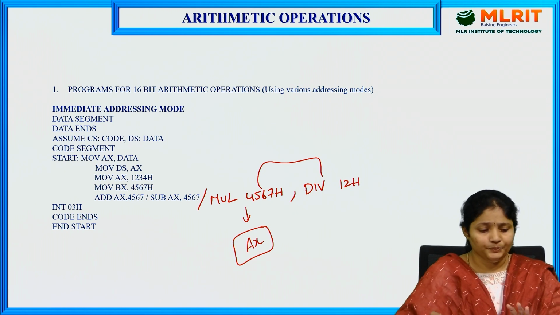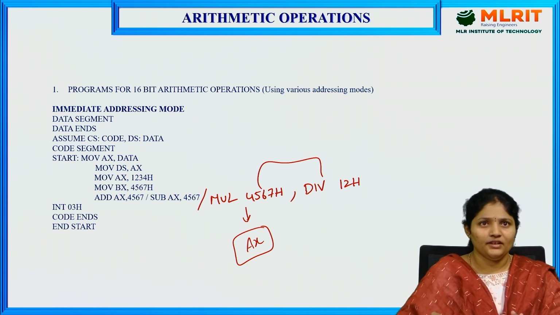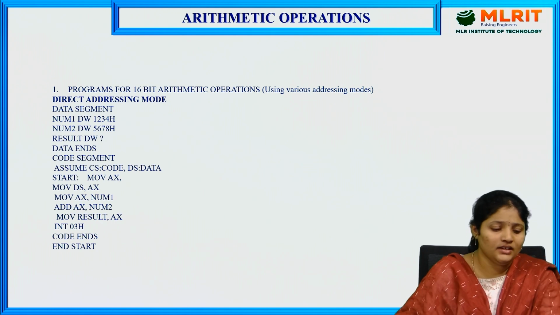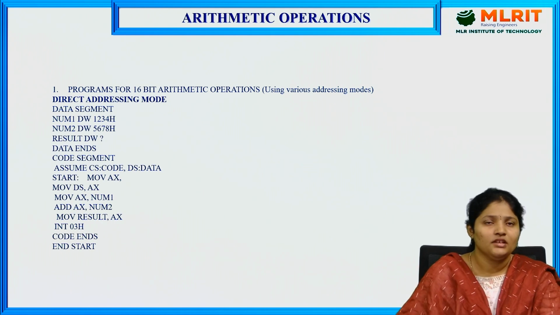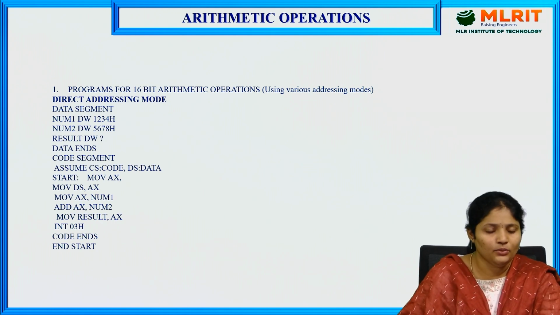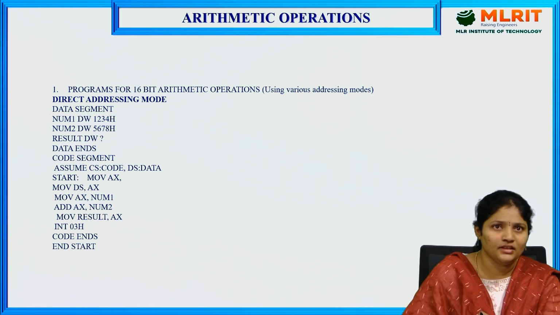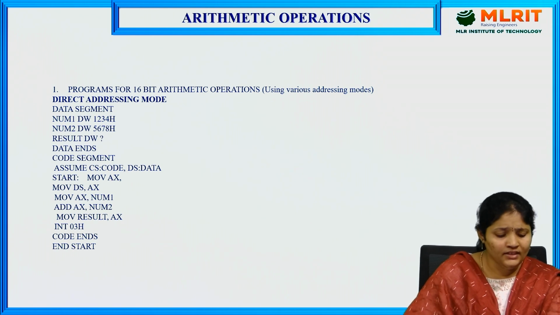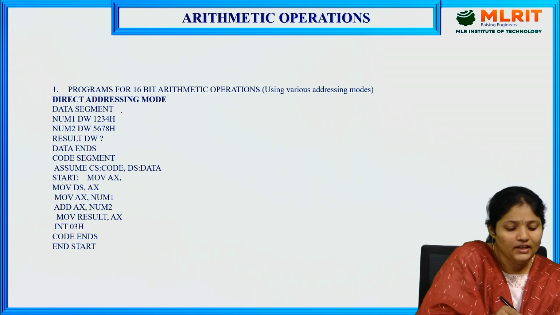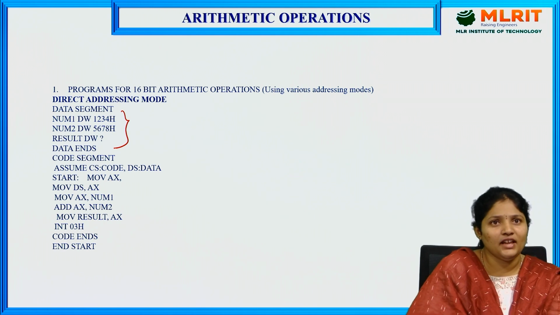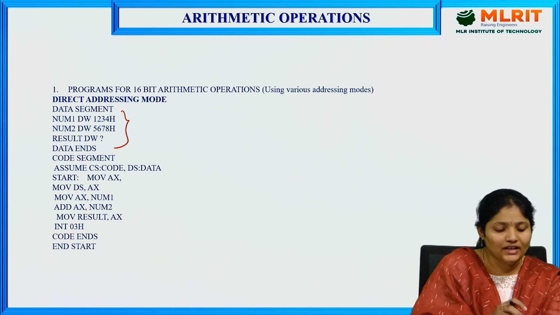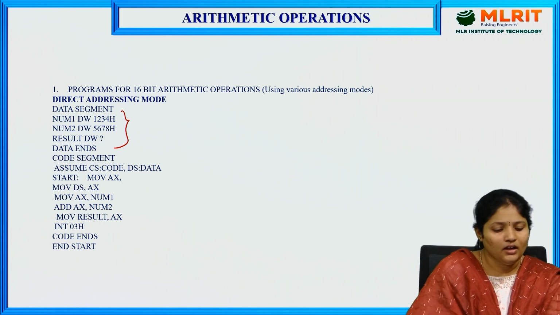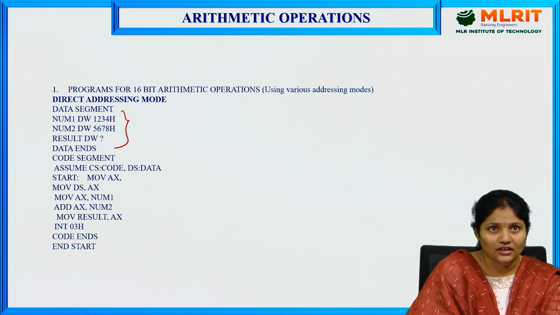So this is all about the immediate addressing mode. Coming to the next one, here it is the direct addressing mode. Direct addressing mode is nothing but we mention the address itself in the instruction. See here, I'll be declaring some variables, like storing some data in this data segment.